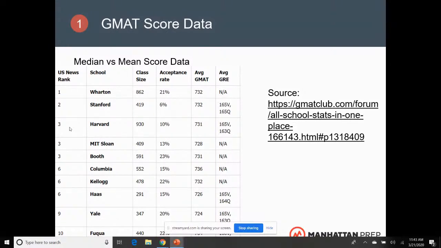Is that your question? In the meantime, you notice that the top 10 schools all have average scores higher than 700. In fact, many of their average scores hover in the 730 range.